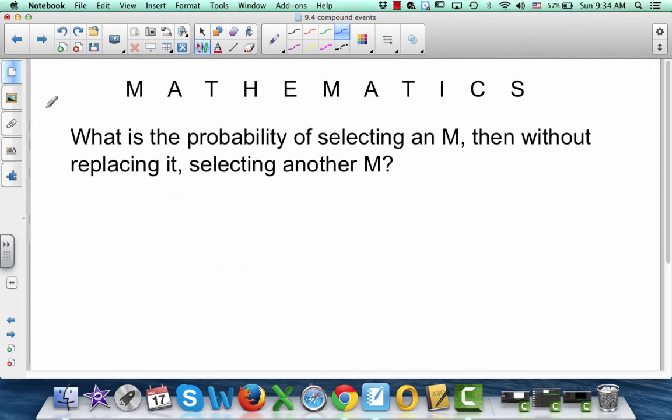All right, what's the probability of selecting an M, then without replacing it, selecting another M? Well, the first time was 2 out of 11. We established that already. The second time, we've taken an M out. Now there are 10 items left, and there is only 1 M. So we multiply those two together, and we get 2 out of 110, and then we can make that 1 over 55.